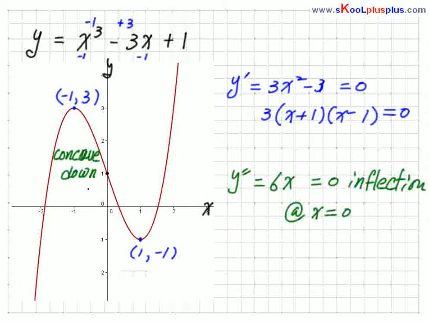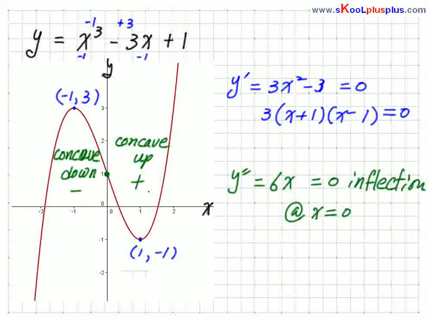Concave down means the second derivative should be negative. What about this one? This shape right here we call concave up, which is positive. So what about 0? That's the meeting point. At x is 0, right here, this is the inflection.